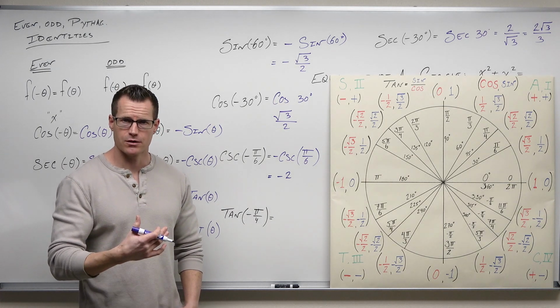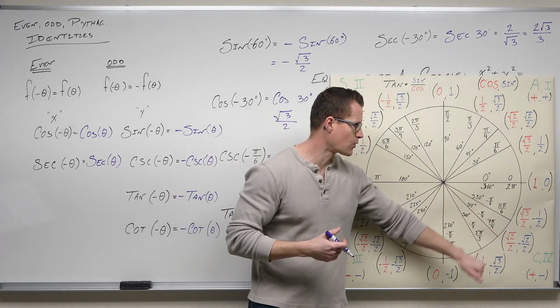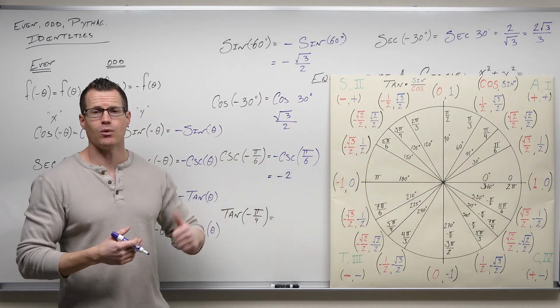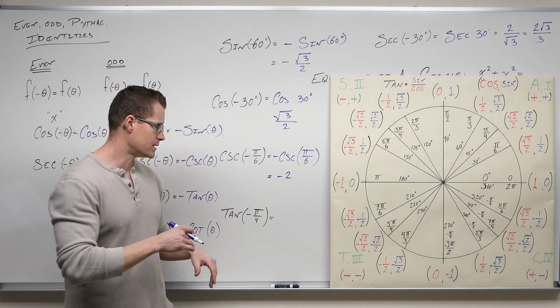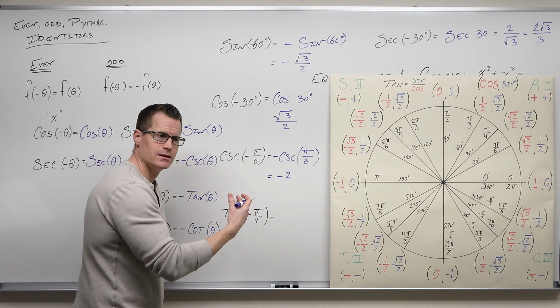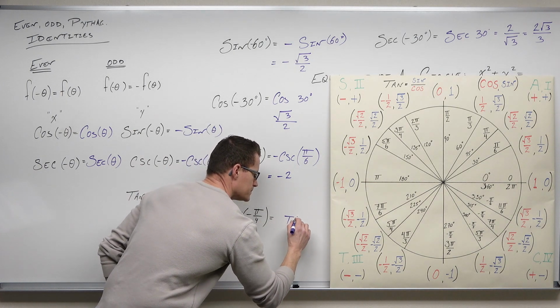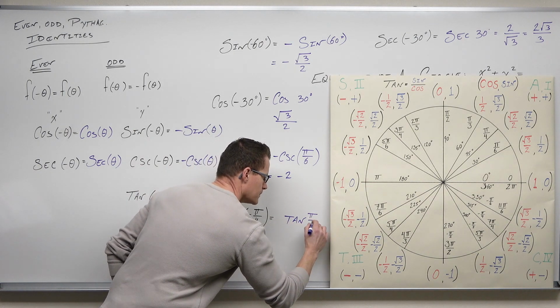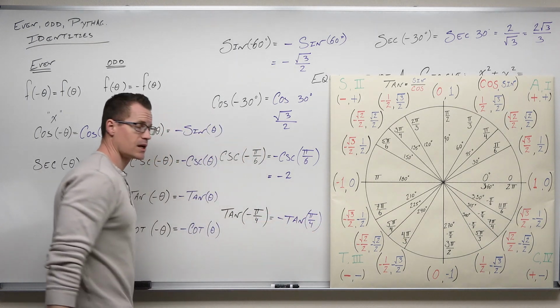Because tangent is an odd function, I could certainly go down to tangent of negative pi over 4 and get negative 1. That's what we're going to get out of this. But to practice these odd identities and even identities, we're going to say tangent's odd. Why? Because it's not cosine and secant. Therefore, if I change the sign of my angle, I change the sign of my function.